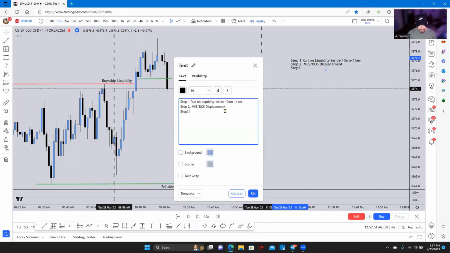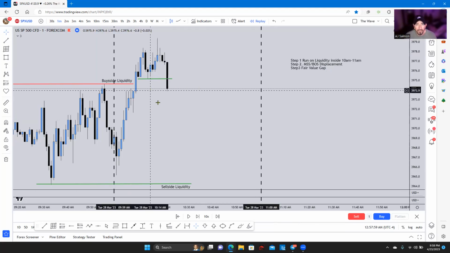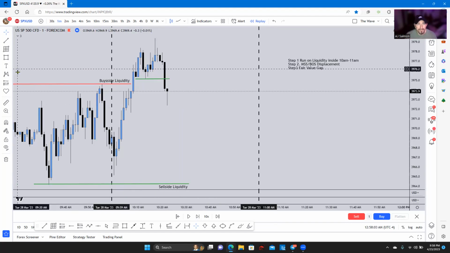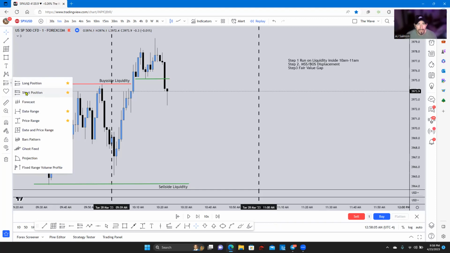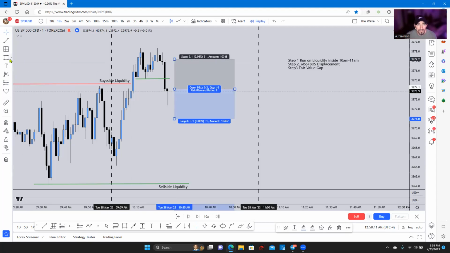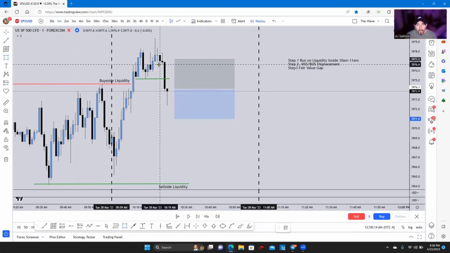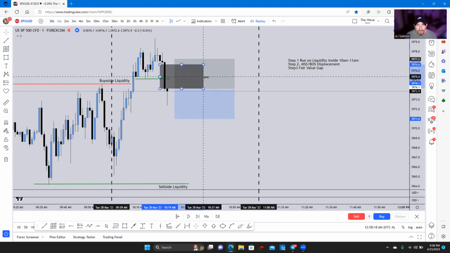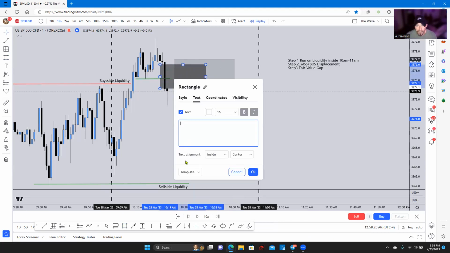Since we had our break of structure and displacement lower, step three is we wait for our fair value gap. Now we're waiting for the next candle to form. Does it give us a gap? Yes. So now we're looking to take an entry up to the high of this candle. From this wick low to this candle body is our fair value gap.